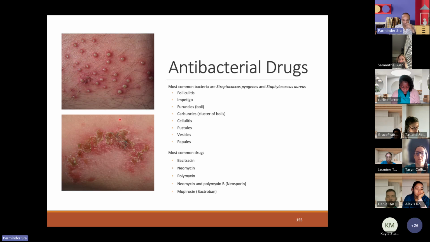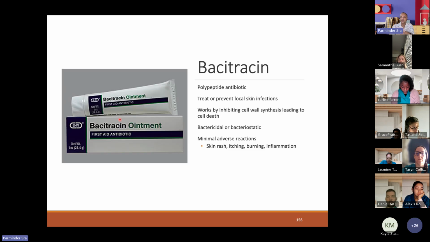So let's go over some. For example, here, bacitracin. This is an antibiotic or antibacterial, whatever you call it. It prevents infection in minor skin injuries, if somebody has a cut on the skin, scrapes, or minor burns.